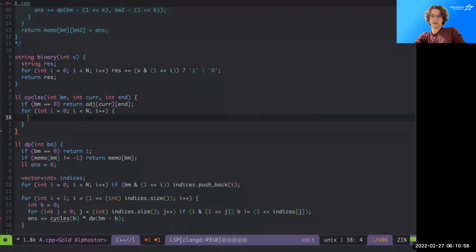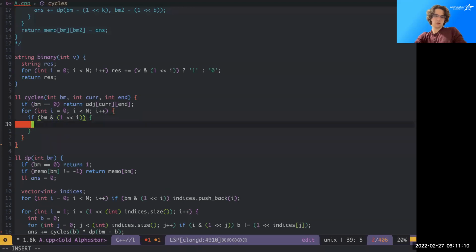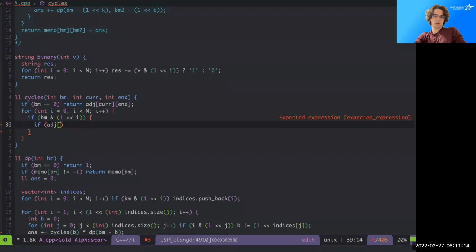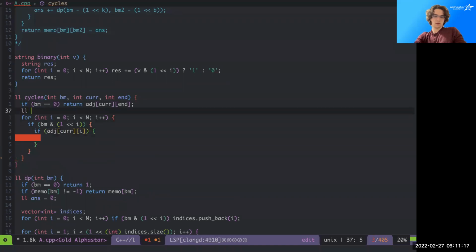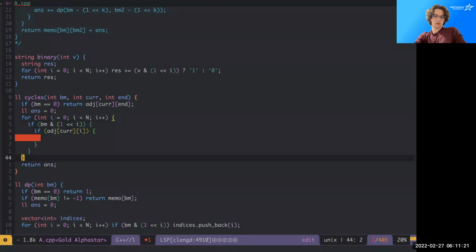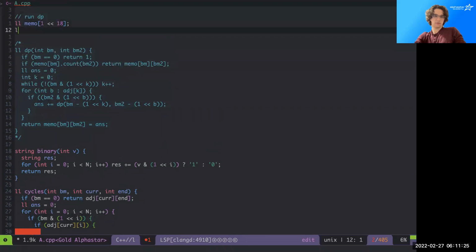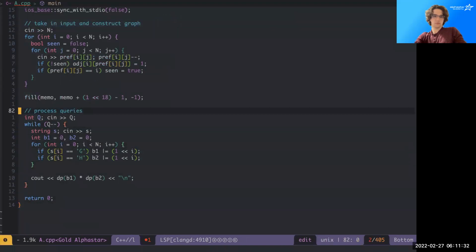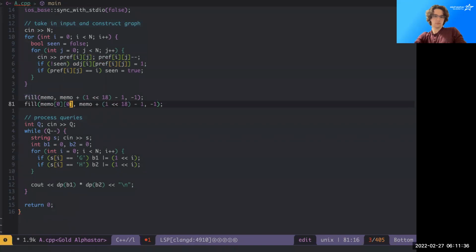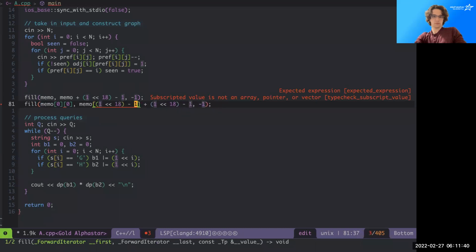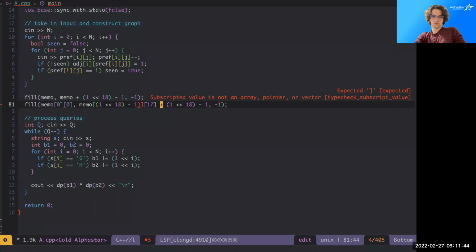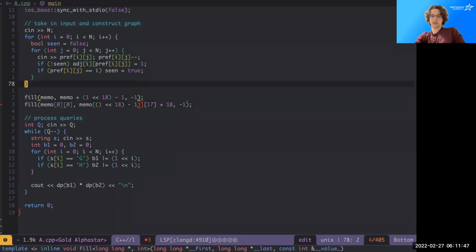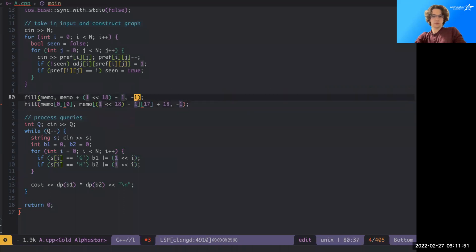Like n cubed times 2 to the n. Not great, but initialize it again.